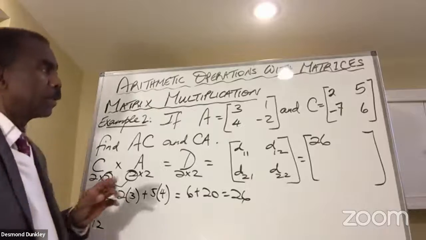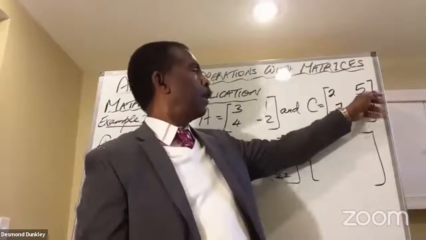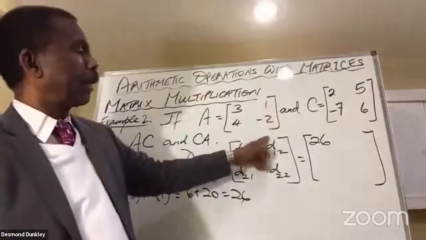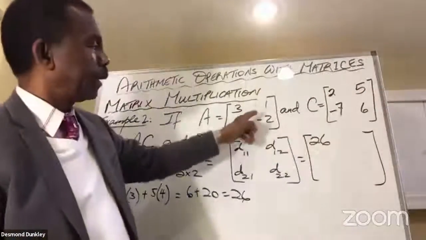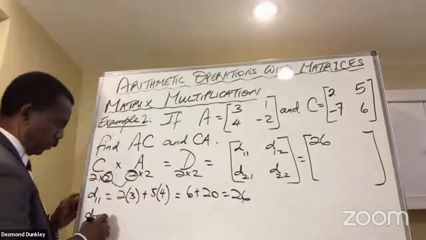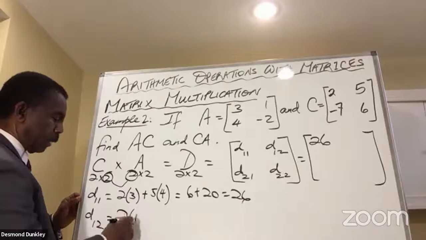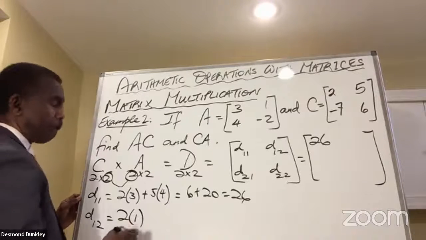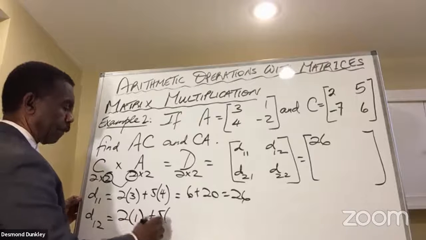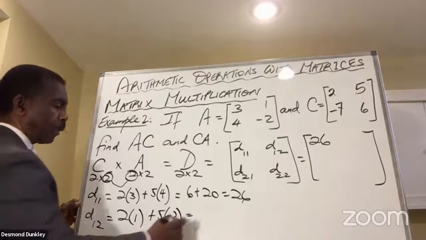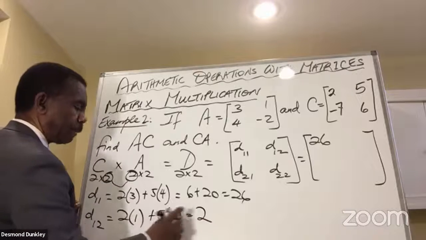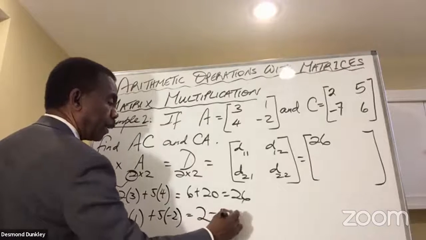Let's try the next entry. D12. So it's the first row times the second column. So it's going to be 2 times 1 plus 5 times negative 2. 2 times 1 is 2. 5 times negative 2 is negative 10.